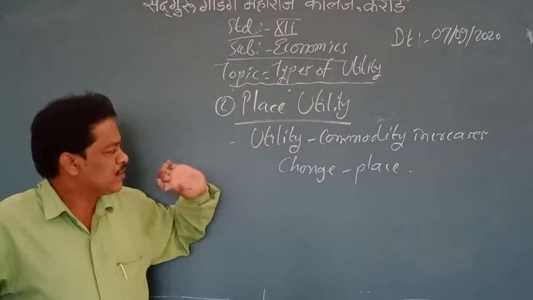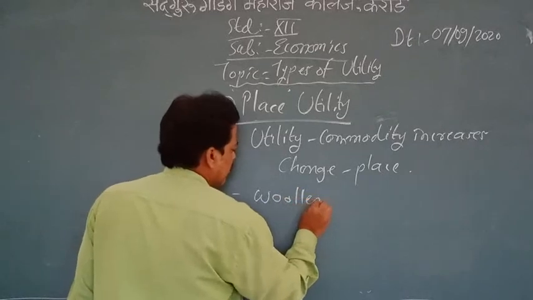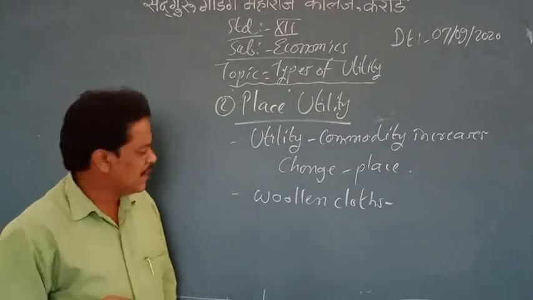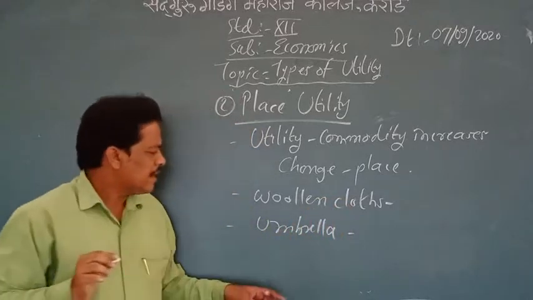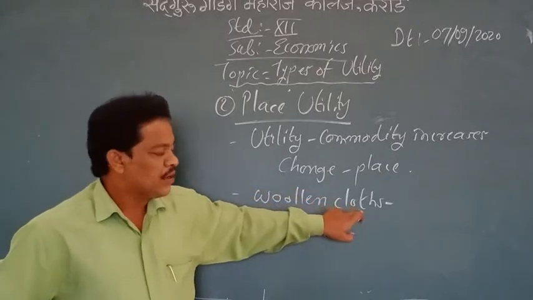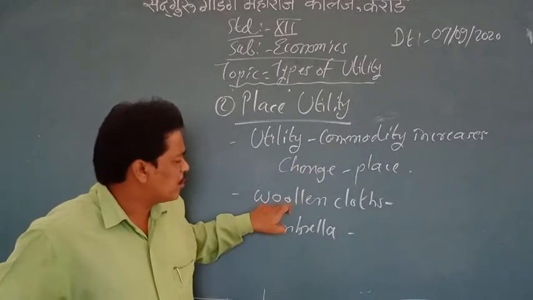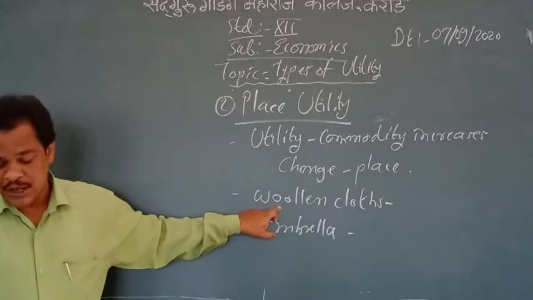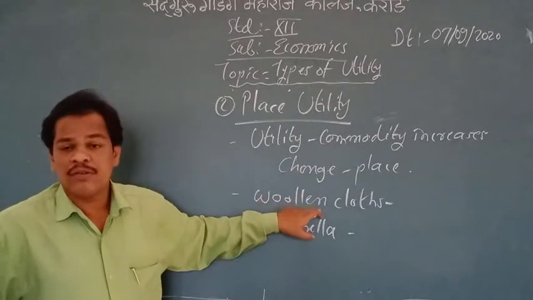Suppose I give an example like woolen cloth, or you can see an umbrella. See, the importance of woolen cloth is in the winter season, not in summer or any other season. So when you use woolen cloth, definitely at the time of cold you are going to use it. Woolen cloths have more utility where it is very cold.